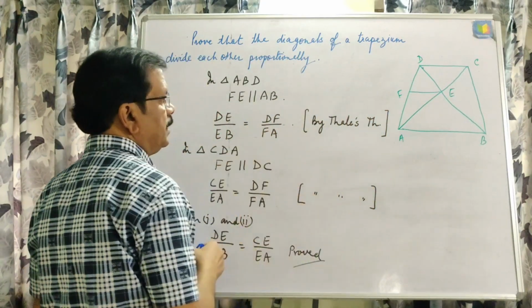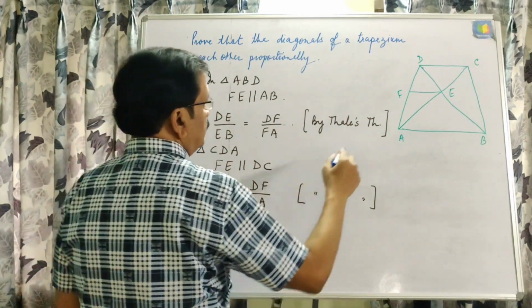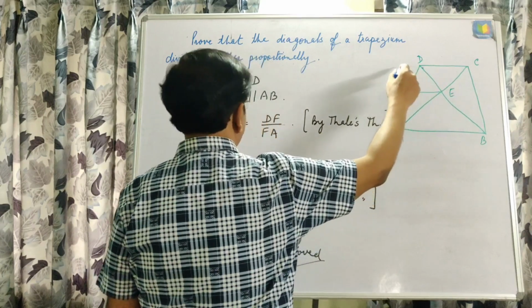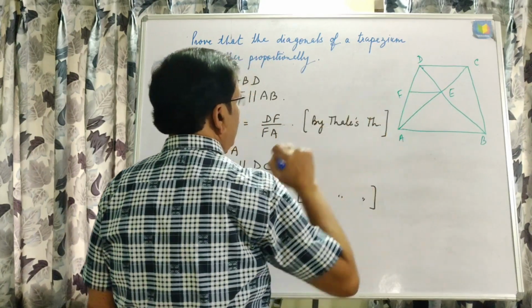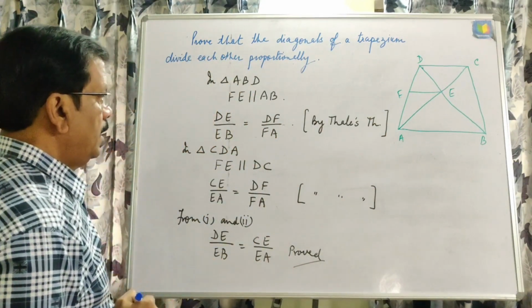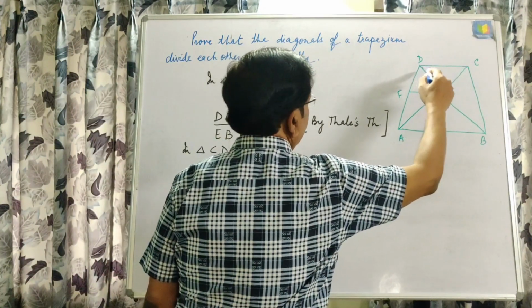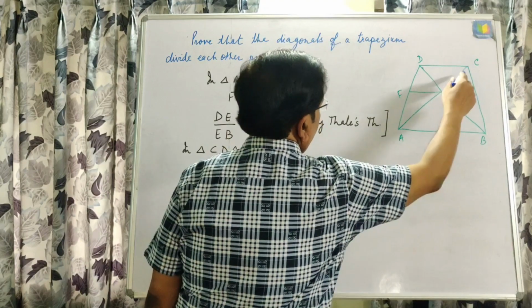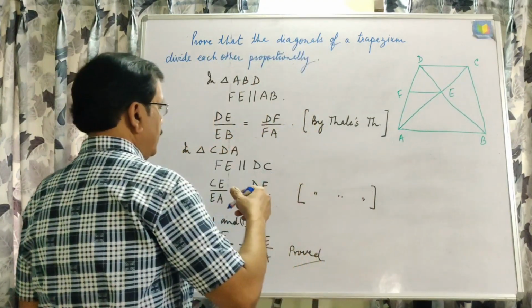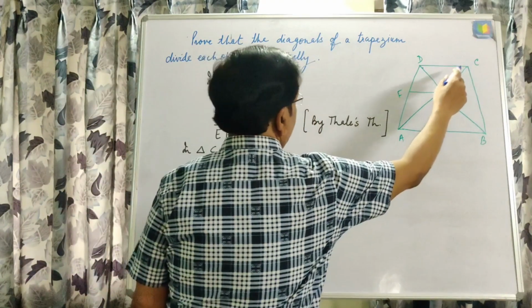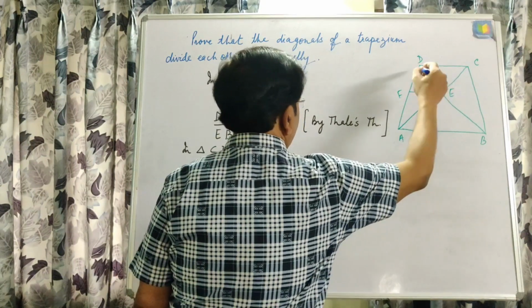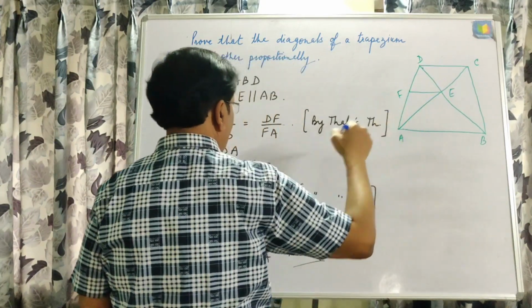First of all we will take this triangle DAB. DE upon EB is equal to DF upon FA. Again in this another triangle CDA, CE upon EA is equal to DF upon FA.